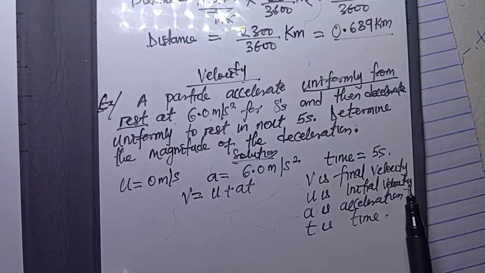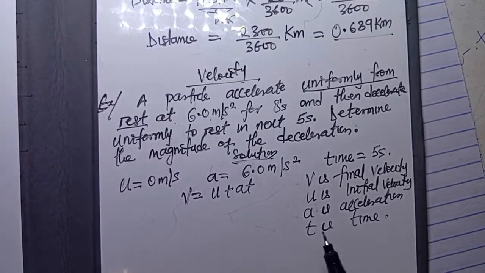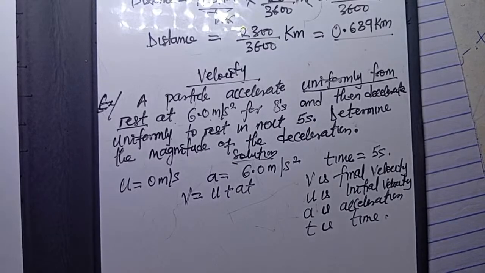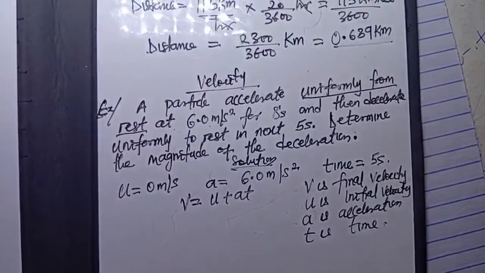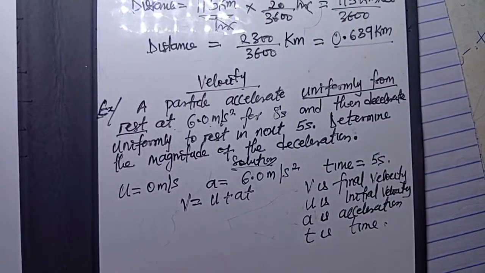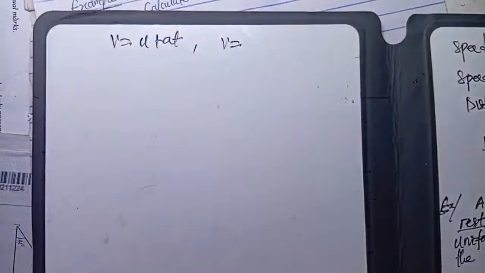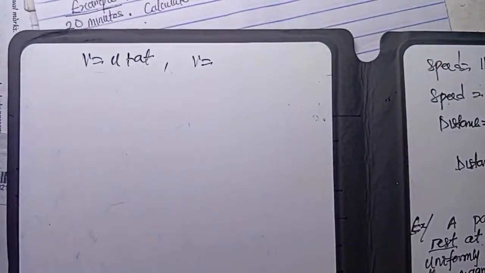U is initial velocity. A is acceleration. T is time. Write it: initial velocity, final velocity, acceleration, and time. So that is what it stands for. So you're able to understand uniformly from rest. So anything at rest, U must be equal to 0. So thanks for that question. You really got the question to ask.